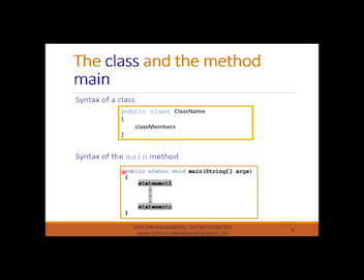And then the open curly brace for the start of your main block. And then you'll give your statements here before closing it with a close curly brace. That is the syntax of the main method.